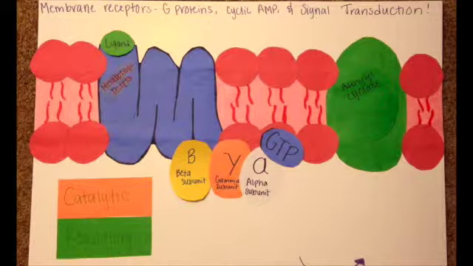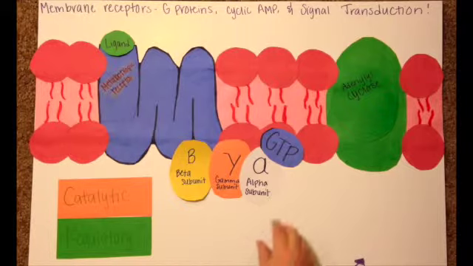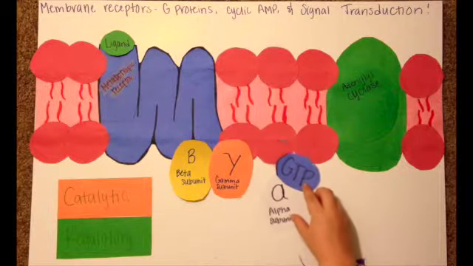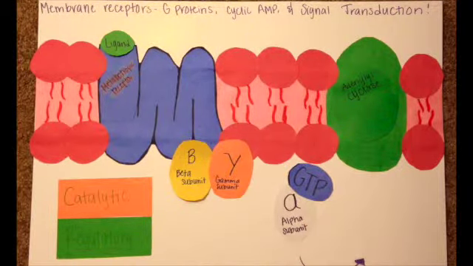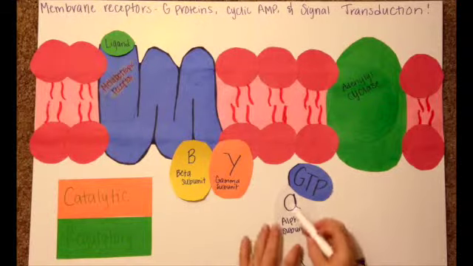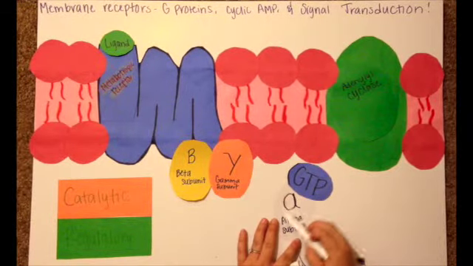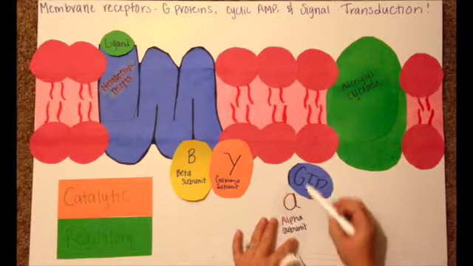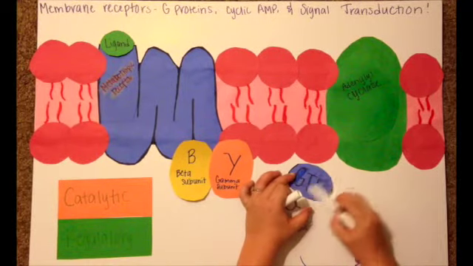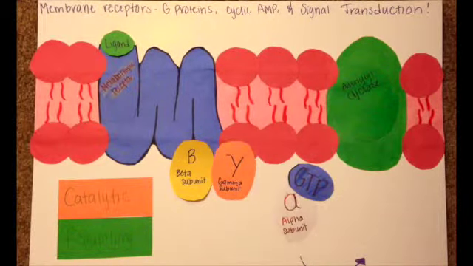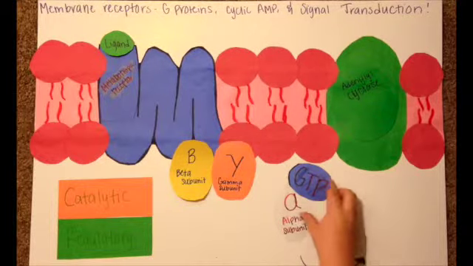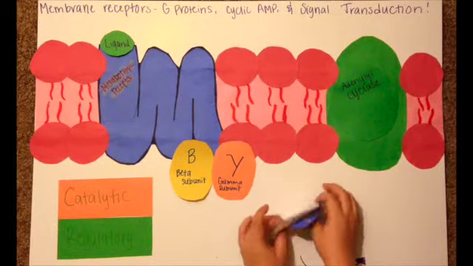And our GTP will activate the G protein and allow alpha to step away from its other subunits. So beta and gamma will stay at home, and alpha and GTP are activated and will go out and have fun.